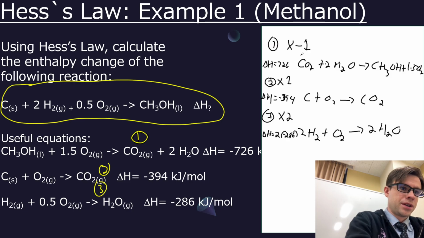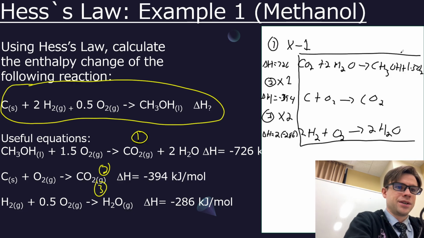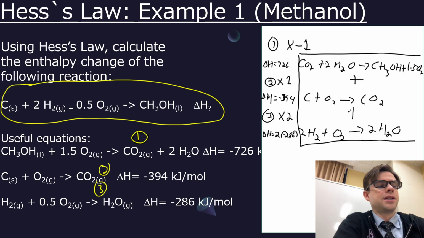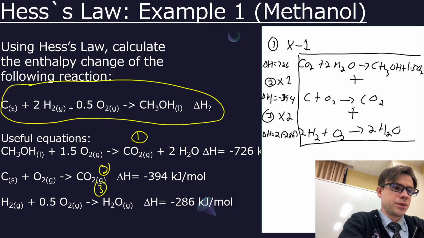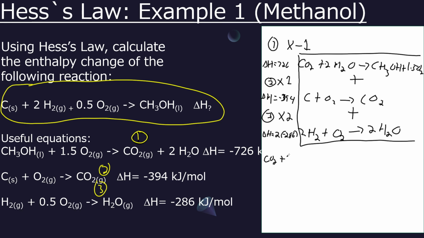Now what I want to do is take these equations that I just made and add them together. This should give me my target equation, but you got to be a little bit careful how you do this. So there's a couple different ways you could show this, but I will just write basically everything that we have. So CO2 plus 2H2O plus C plus O2, and we will have 2 O2s, right?